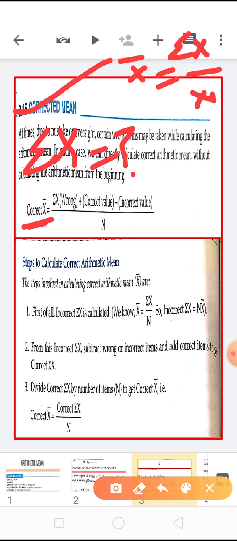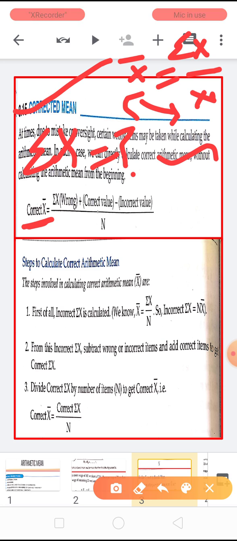So once the arithmetic mean is multiplied with the number of items, we will get the value of sigma x. So correct arithmetic mean is equal to sigma x, which is the wrong one, plus correct value minus incorrect value, and divided by n. So this is the formula we need to apply in calculating the correct arithmetic mean.